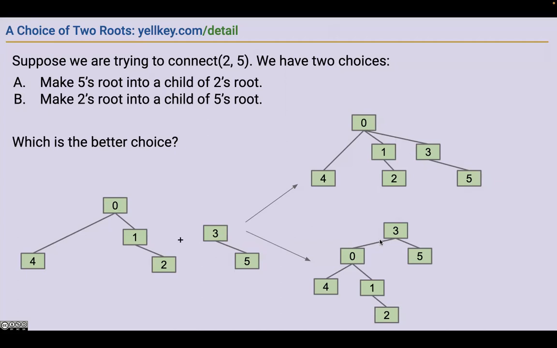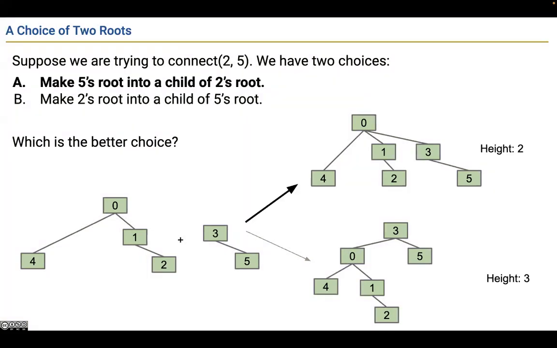Does anyone like the bottom one where I take 0, make it 3's subordinate? OK, so why did you like the top one? Well, I like it because the tree is less tall. So in this case, the tree ends up being just 1, 2, 3 layers, and we'll make that more explicit in future lectures. Whereas in this bottom one, the tree has 1, 2, 3, 4 layers. The climbing takes a bit longer because the bottom tree is taller.